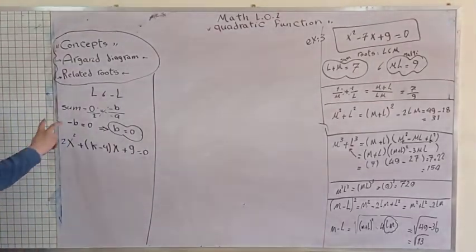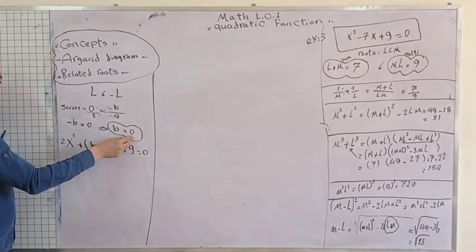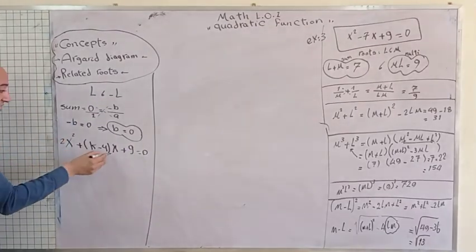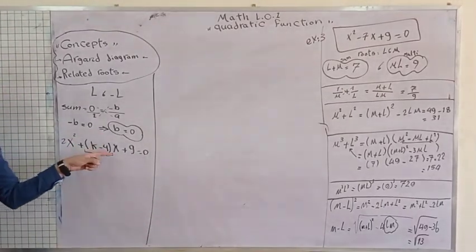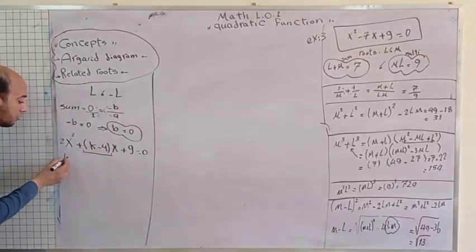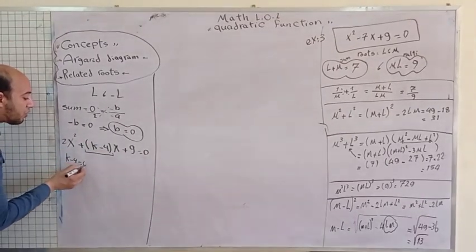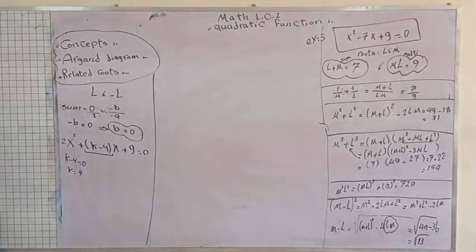We said that if they are inverted addition, b must be equal to 0. Where is b here? This is b, the coefficient of x. This value must be equal to 0. k minus 4 must be equal to 0. Then k must be equal to 4.